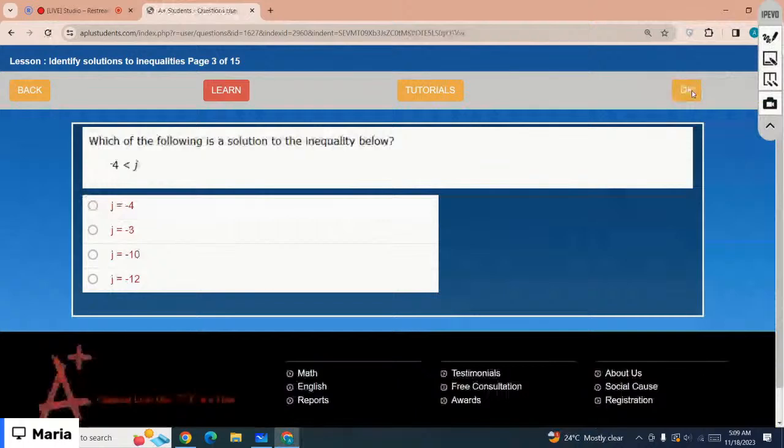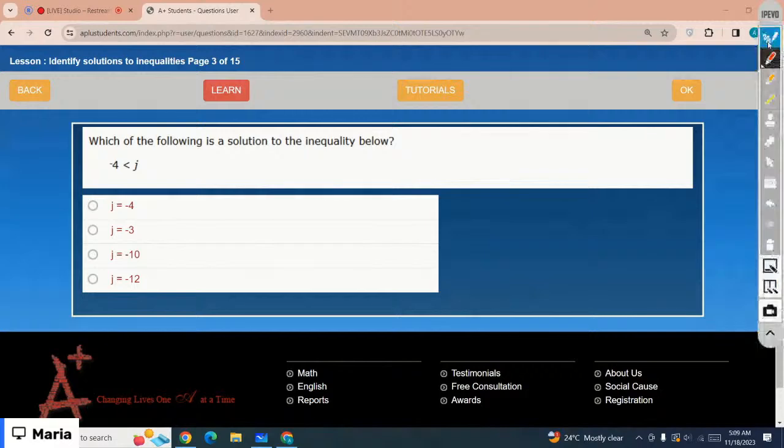Which of the following is a solution of the inequality? -4 is less than j. j equals -4, j equals -3, j equals -10, and j equals -12. Which is the correct option? Let's start with the first option, right?